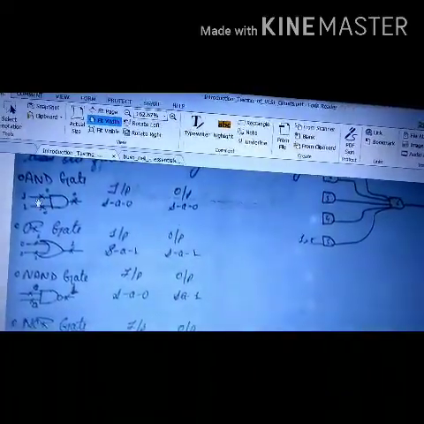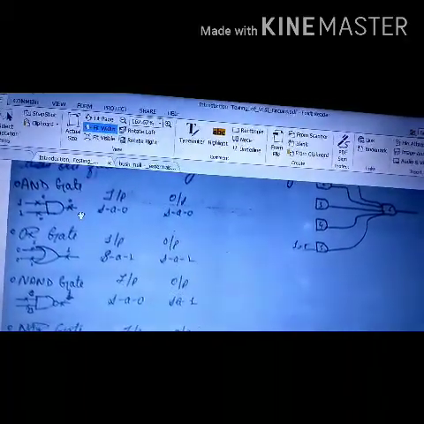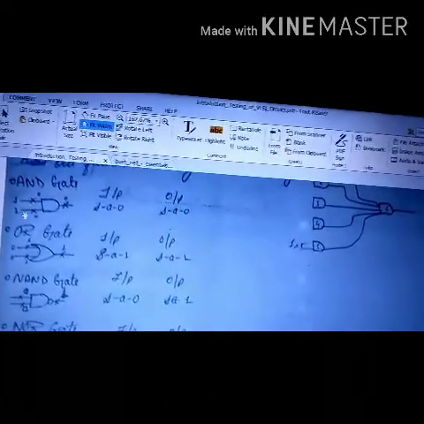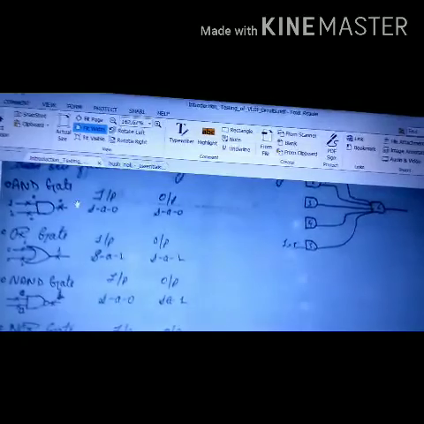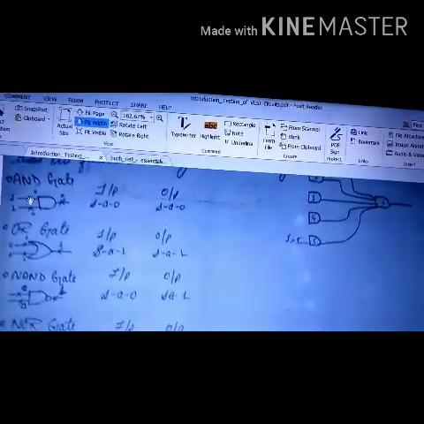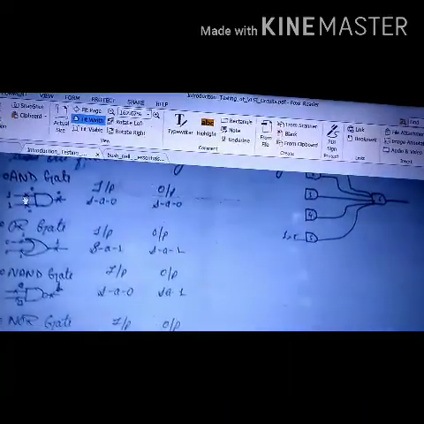However, if this is stuck at 0, I will get an output 0. Now if this is not a fault, but here is a fault and it is stuck at 0, I will get an output 0. So because of this fault or this fault, I am getting output 0. So both of these faults are equivalent.